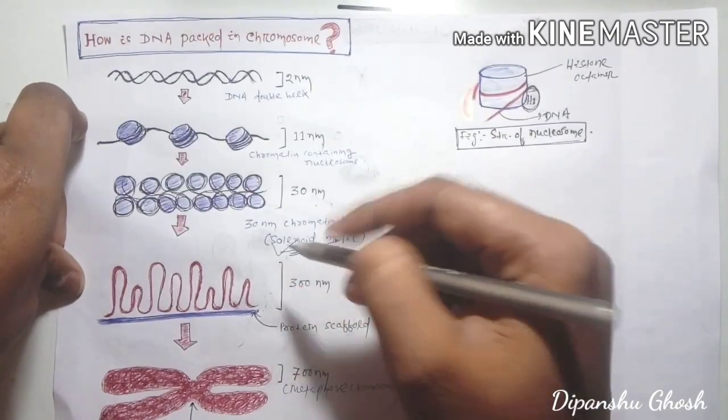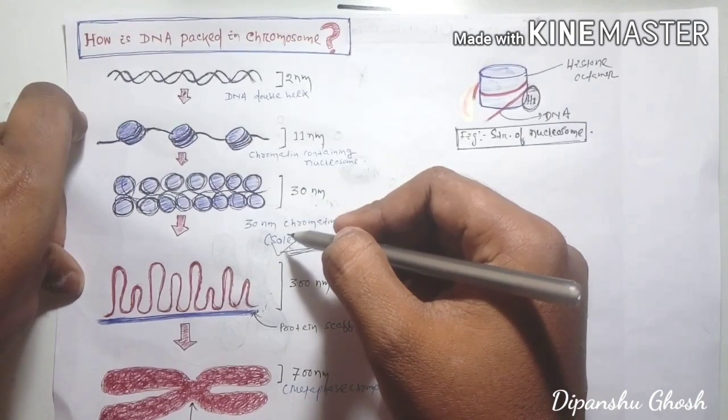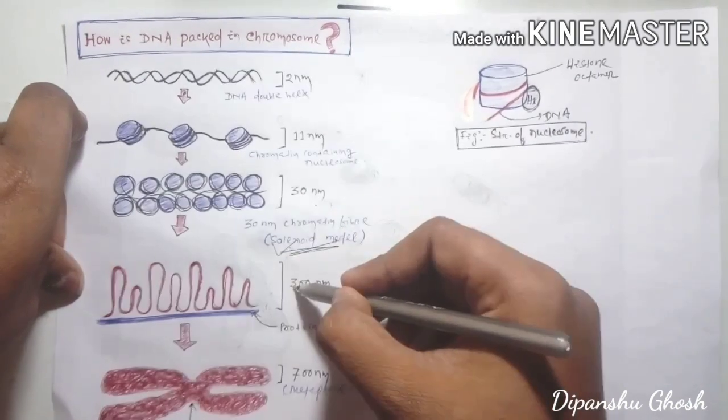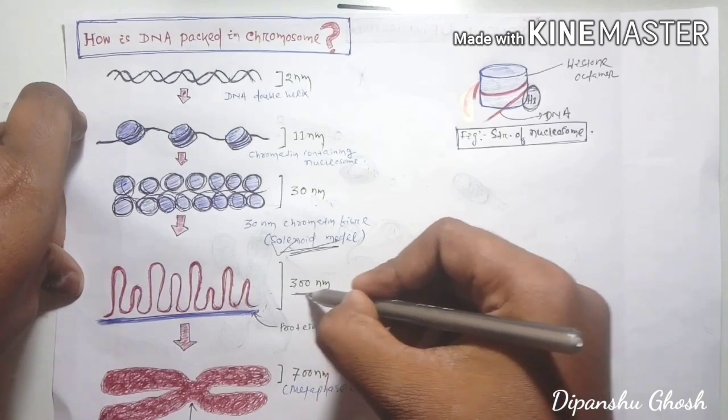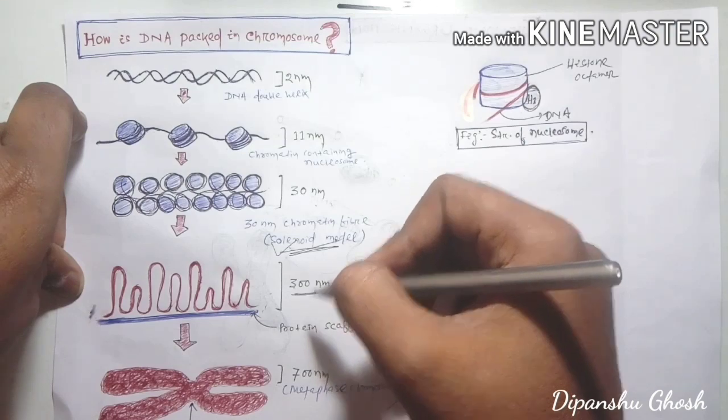In this case the 30 nanometer fiber is getting much more condensed to form a 300 nanometer chromatin fiber, right?